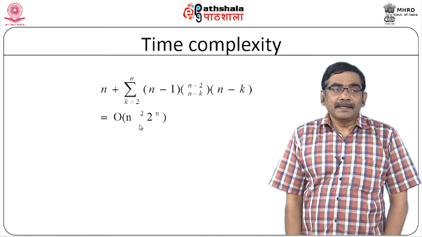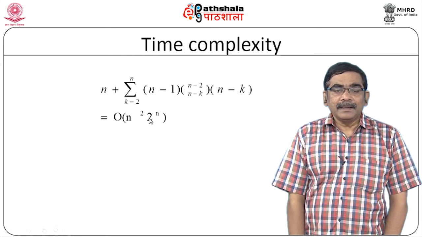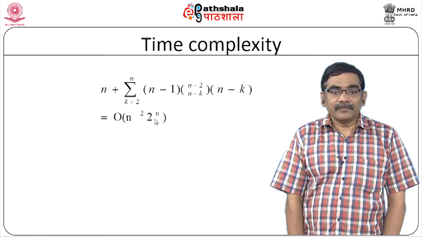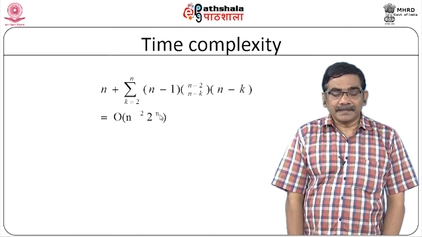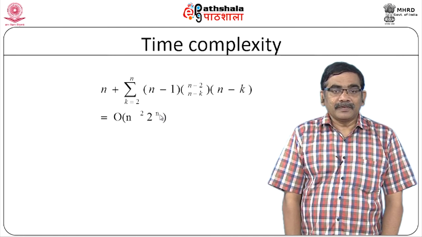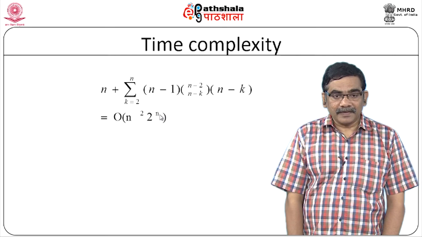So, it is still an exponential algorithm, but if n is very small, then obviously this algorithm is feasible. But if n becomes very large, then it becomes very difficult.